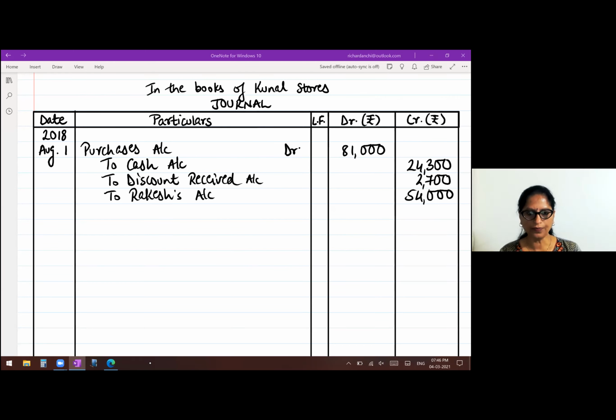So write narration being goods purchased at 10% trade discount and 10% cash discount, comma 1/3 amount received by check.